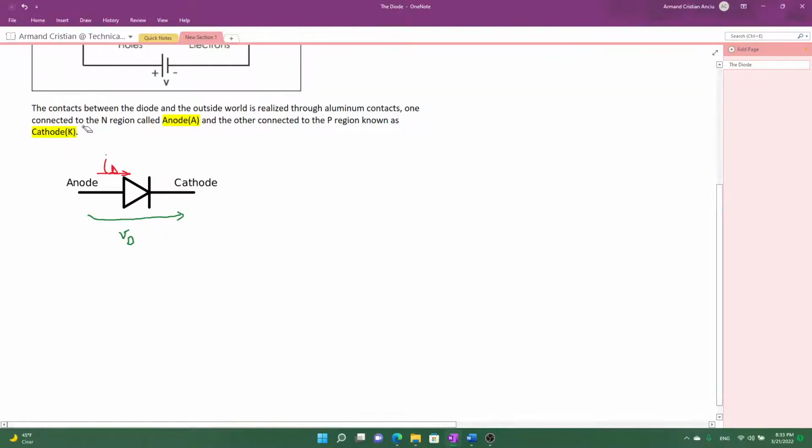To do that, you can think of the diode in its ideal state as a switch.